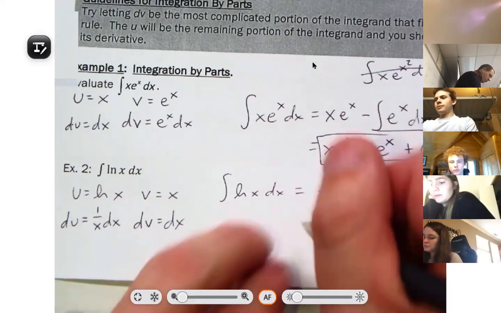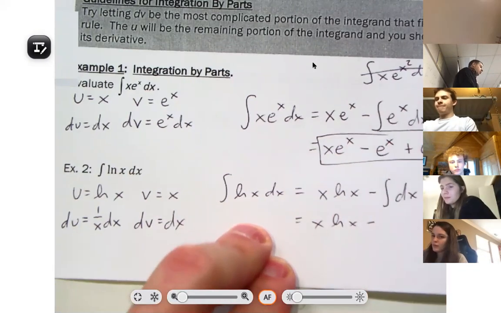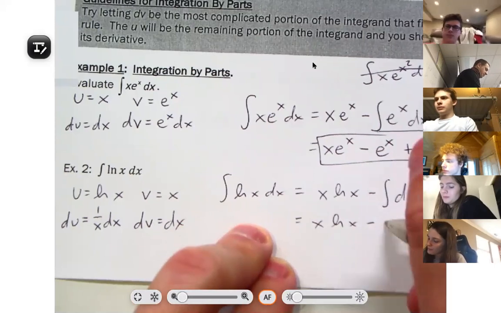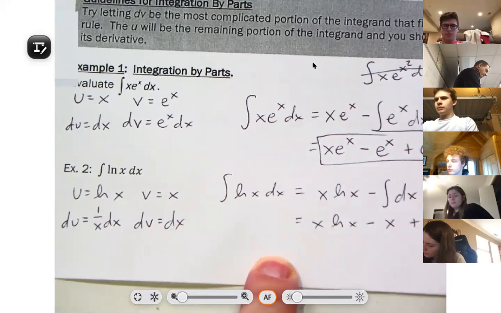And then we finish. So x natural log of x minus, and again, we're really just integrating 1 with respect to x. So it becomes x plus c.